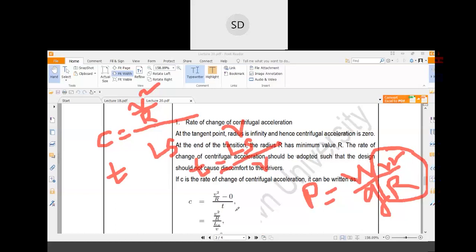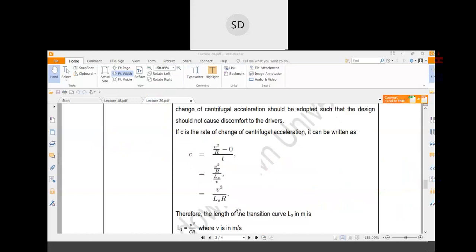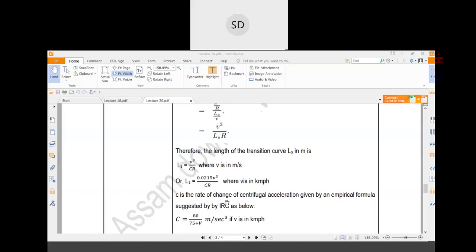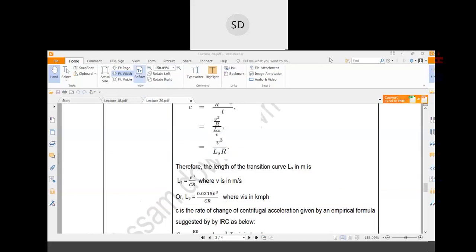Instead of T, you put Ls by V, and you will get this equation: C equals V cube divided by Ls into R.